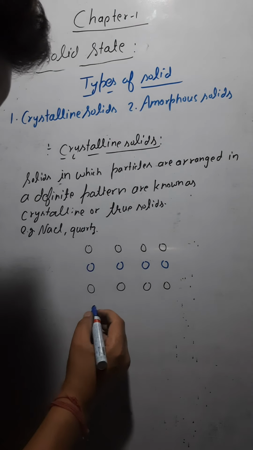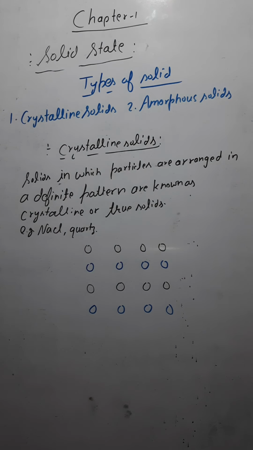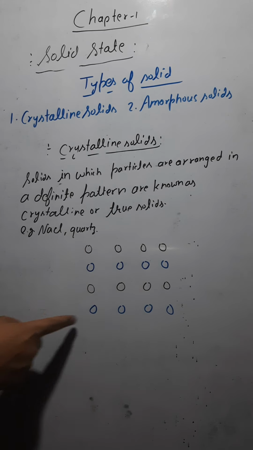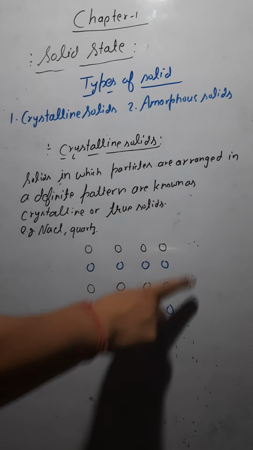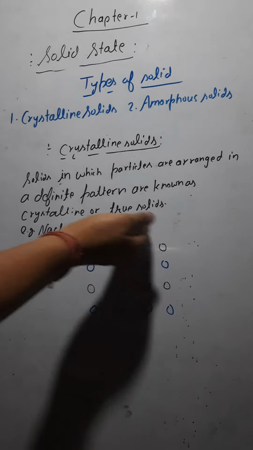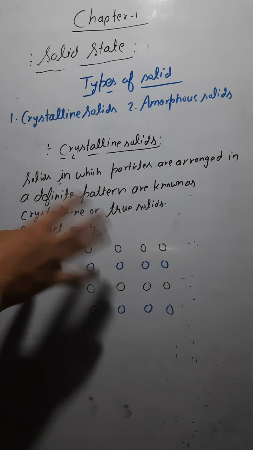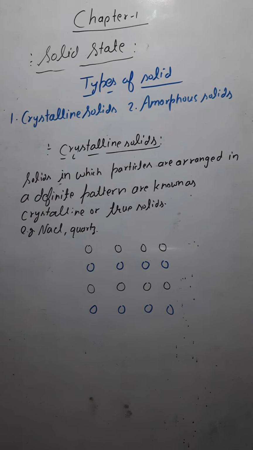Here you can see a definite arrangement of the particles: black, blue, black, blue, then black, blue, black, blue. Getting it? So the solids where you have a definite arrangement of the particles, a definite order, a definite pattern, we call crystalline solids.